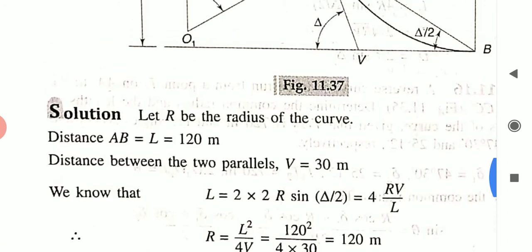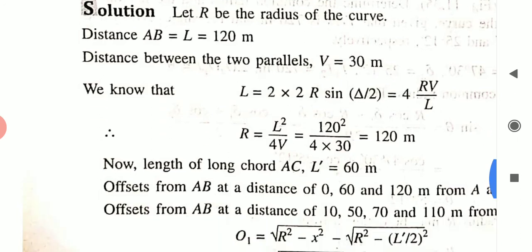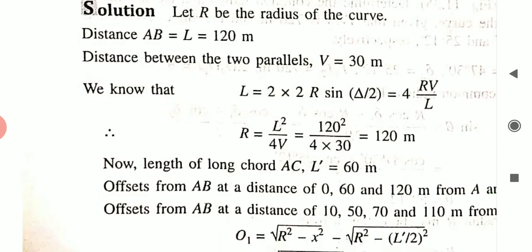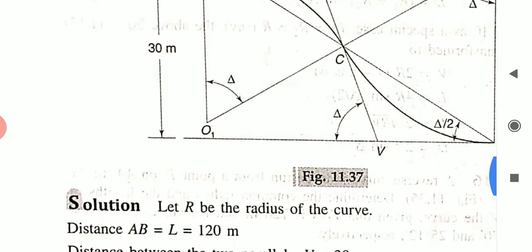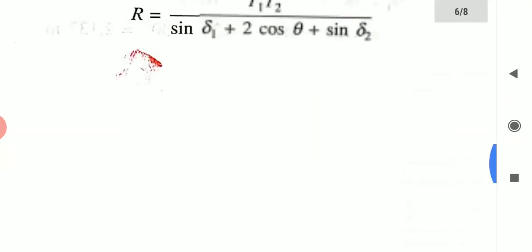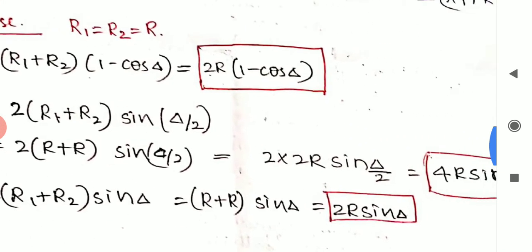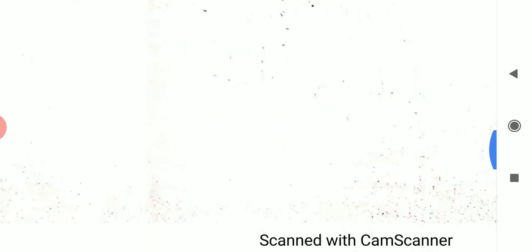So already given 2R, L equal to 2 times the 2R sin delta by 2, having 2 times the curve because R1 equal to R2. When R1 equal to R2, the formula is like this, isn't it? 4R sin delta by 2.